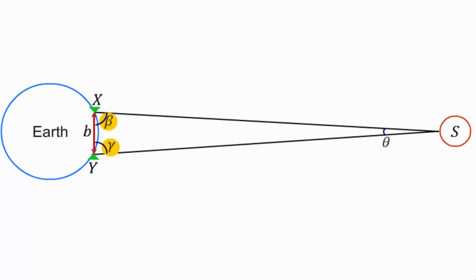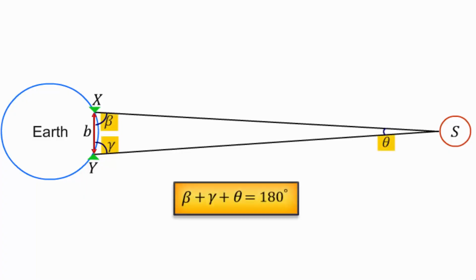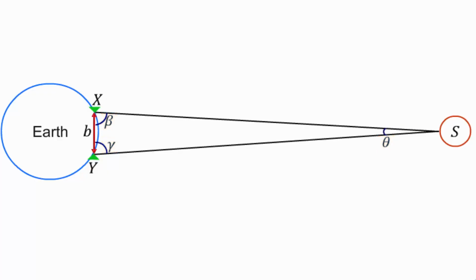As the sum of the angles in a triangle is equal to 180 degrees, and knowing the values of beta and gamma, we calculate the angle XSY between the two directions along which the planet is viewed from these two points. This angle, denoted by theta, is known as parallax angle or parallactic angle.